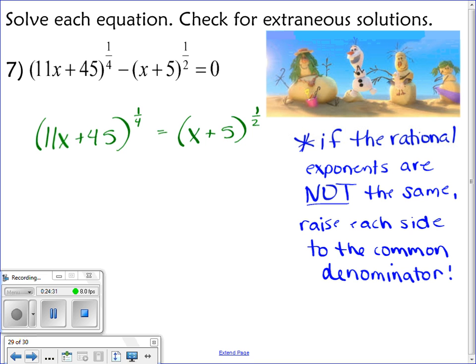So if one of them had a denominator of 2 and one of them had a denominator of 3, what would you raise them to? What's the common denominator between 2 and 3? 6. Okay. So let's go ahead and take a look at this one.